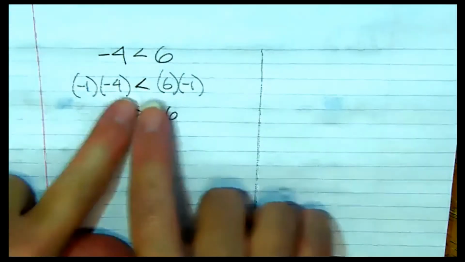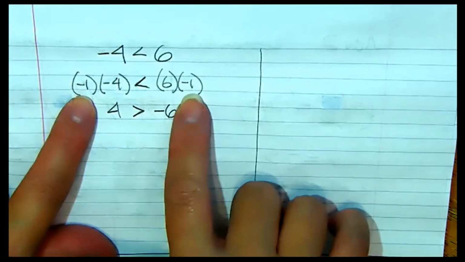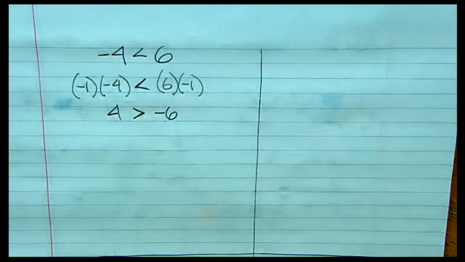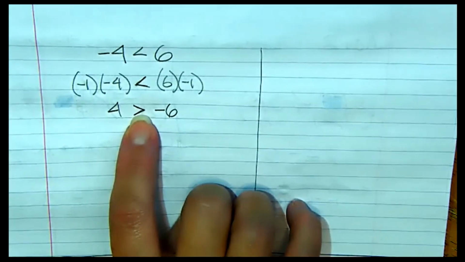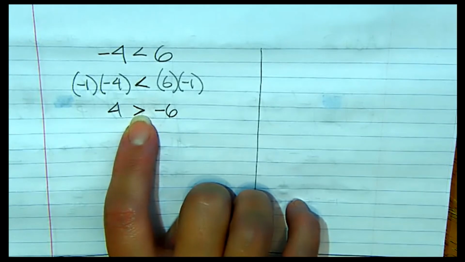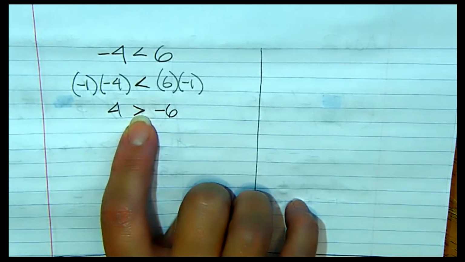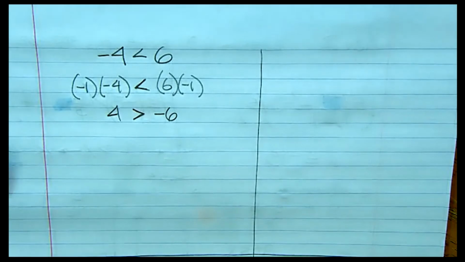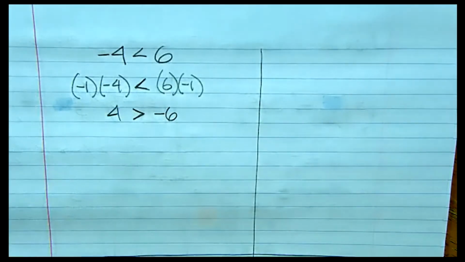So when we multiply each side by a negative number, we have to switch our inequality sign. There's no other way to explain it really except to look at this. -4 is less than 6.